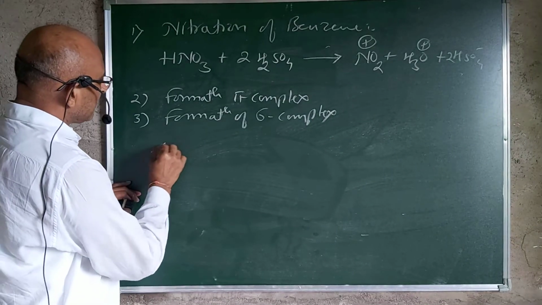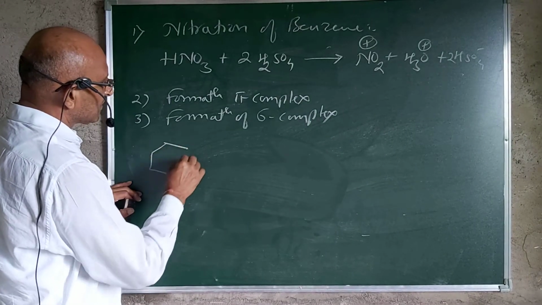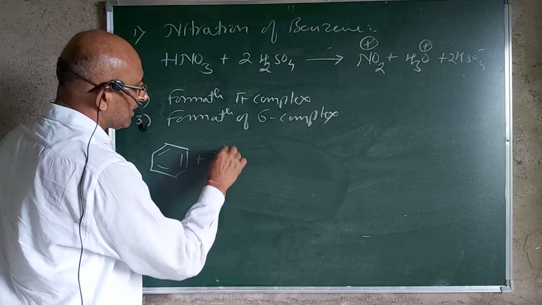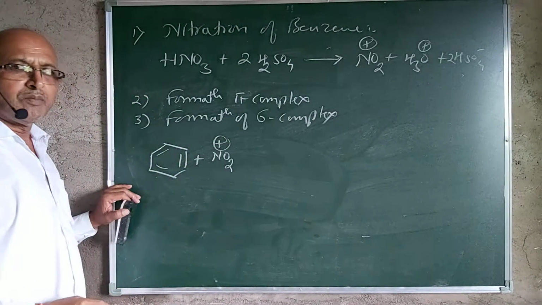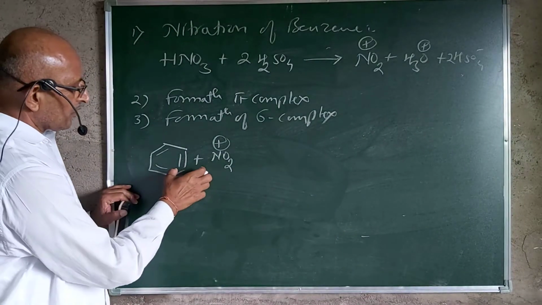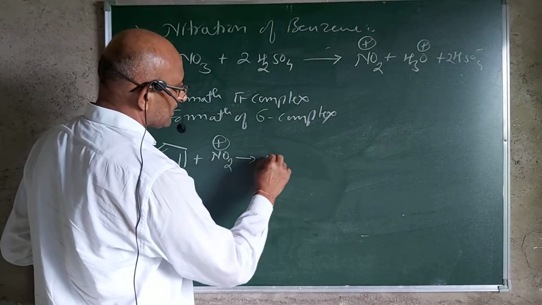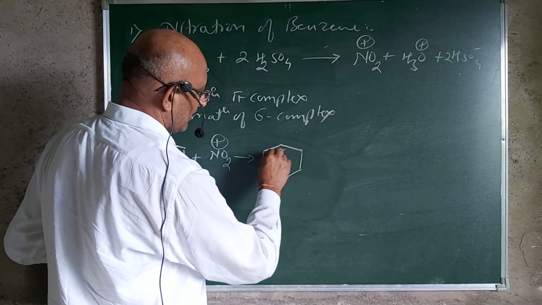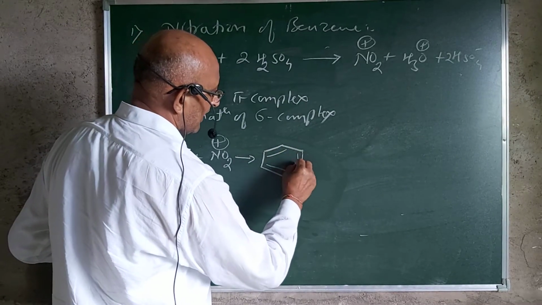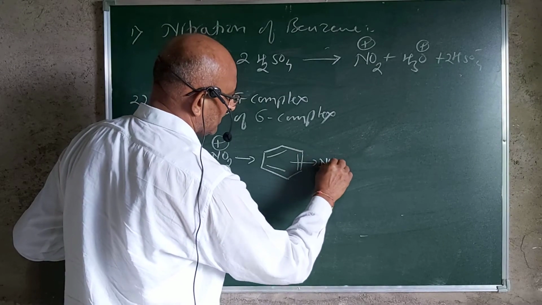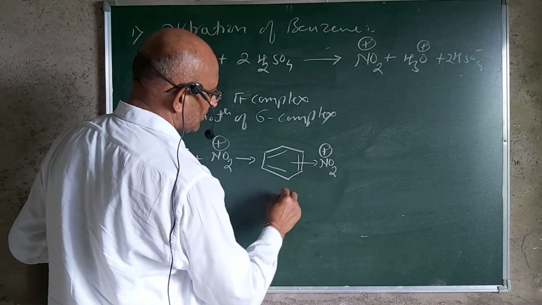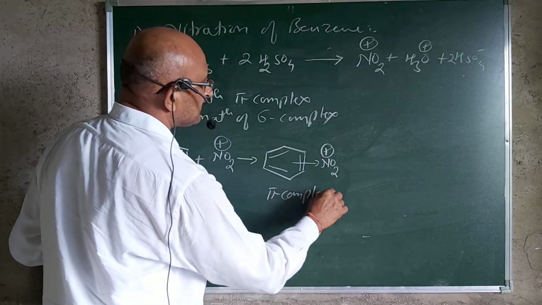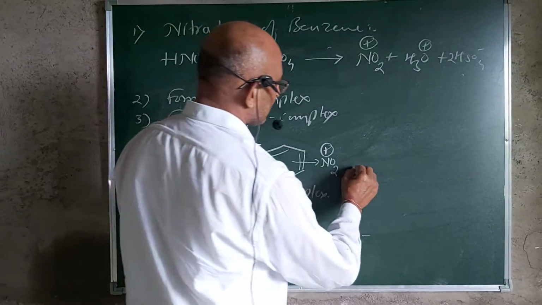Here the benzene, which is nucleophilic in nature, comes in contact with the electrophilic nitronium ion. It comes into close proximity, and there is an attraction between this nucleophilic benzene nucleus and the nitronium ion, and you get the formation of a pi complex.